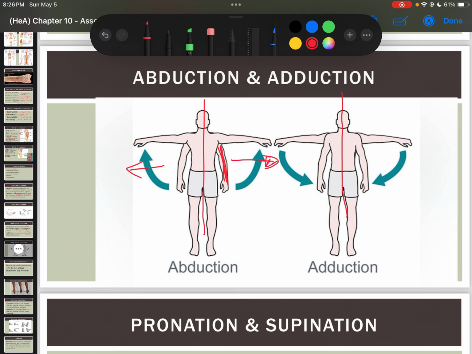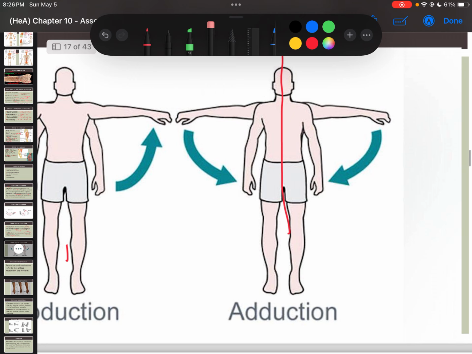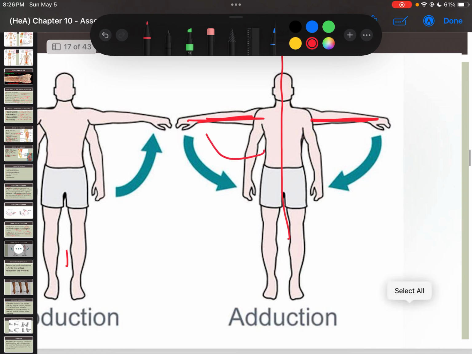So it extends towards the lateral portion of the body. That is abduction. Whereas, in adduction, if it starts at a lateral position, we can adduct it by moving it towards the center.